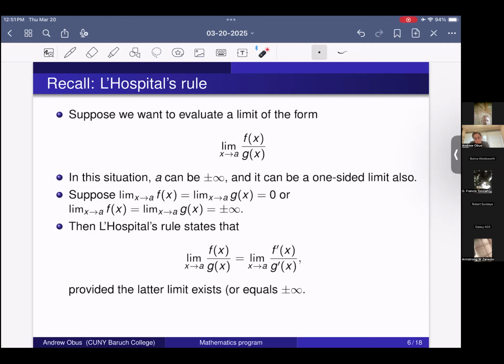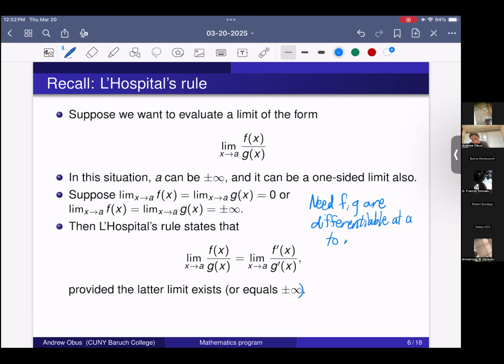So L'Hopital's rule's formulas are usually pretty simple. I should also say, just to be complete here, of course, you need that f and g are differentiable at a to make this work, or really, in a neighborhood.